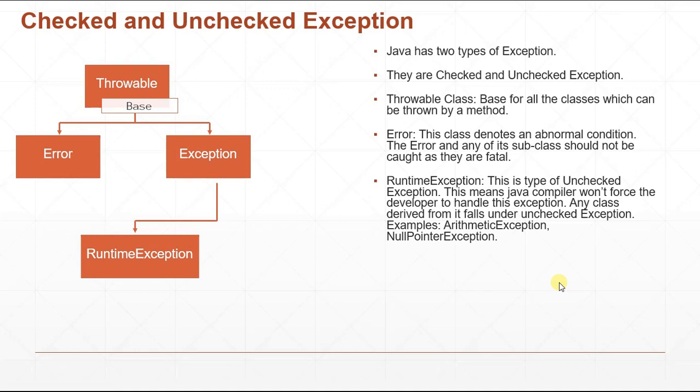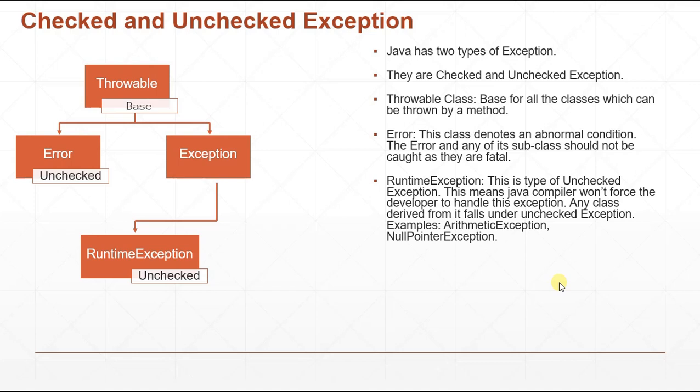So RuntimeException is derived from Exception, and so this is one category. And if you derive any other class from RuntimeException, that class automatically falls under unchecked exception. So here Error as well as RuntimeException are both unchecked. That means it's up to the developer to know whether they need to place a try catch block.